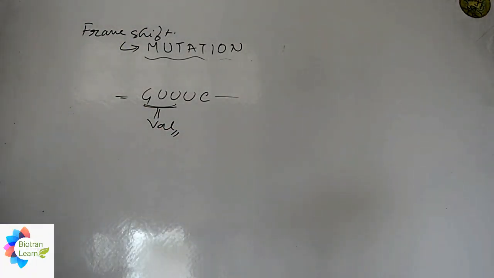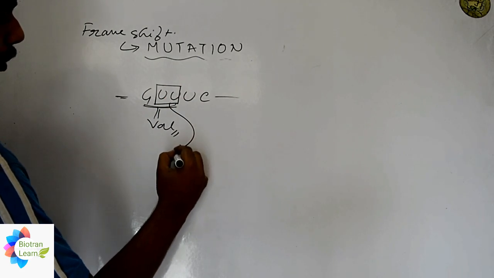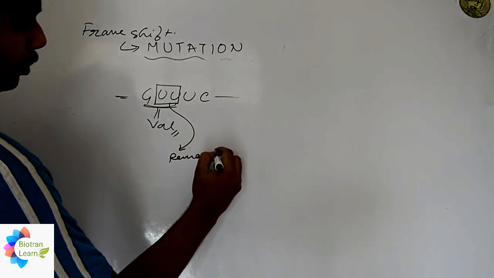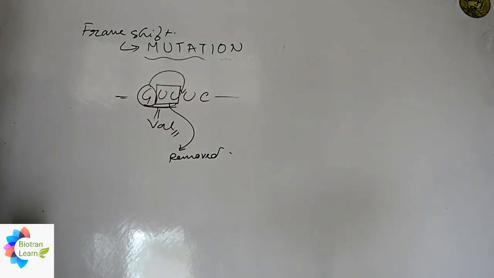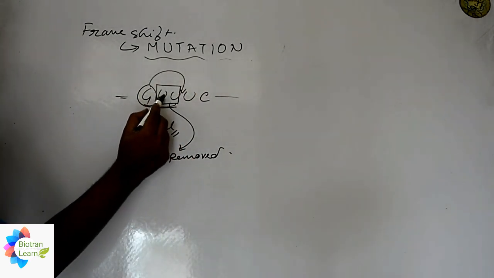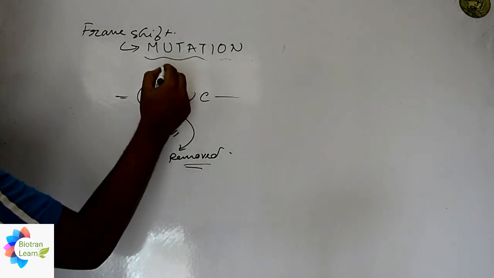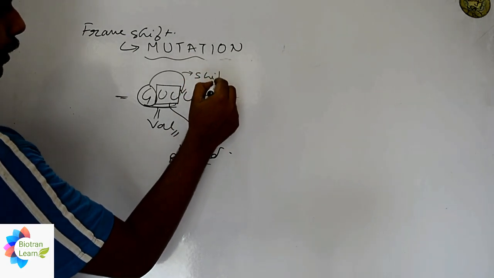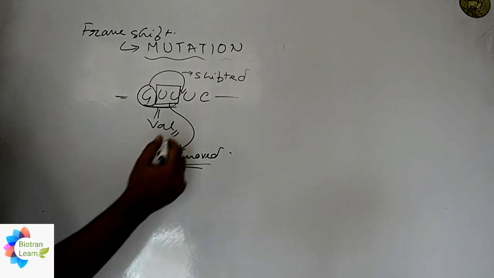So in this particular case we can see that certain number of bases such as this one is being removed, and this G sits in this particular place. UU has been removed and G is been shifted to this particular section.